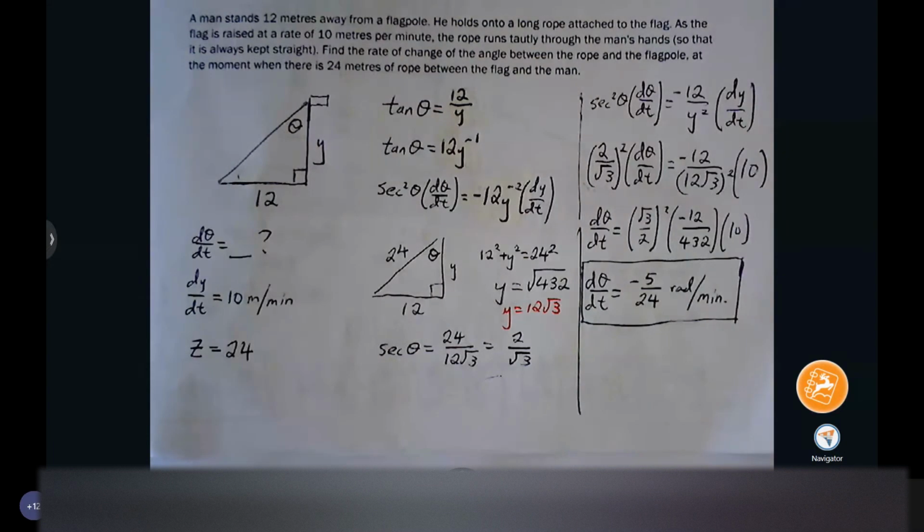And then progress our way to our answer. Any questions here?